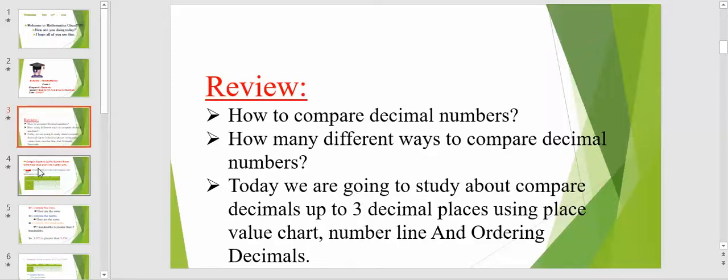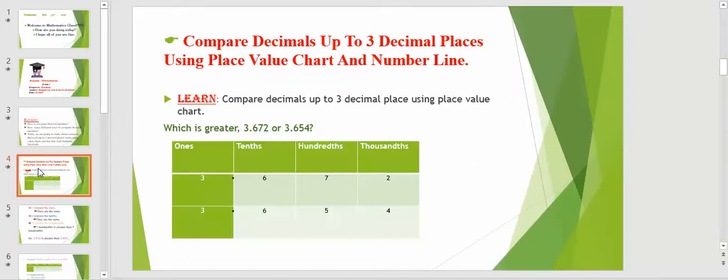The first point we're going to learn today is comparing decimals up to 3 decimal places using a place value chart and number line. Do you know exactly what a place value chart is and what a number line is? Let's learn together.